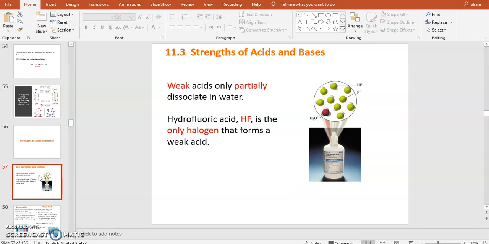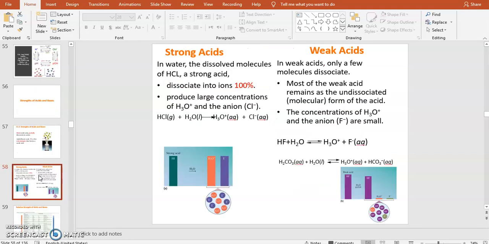The strength of the acid depends on how the acid is dissociating in water. For example, this HCl, we know that HCl is a very strong acid. When we check the dissociation in water, you can see that it is completely dissociated.